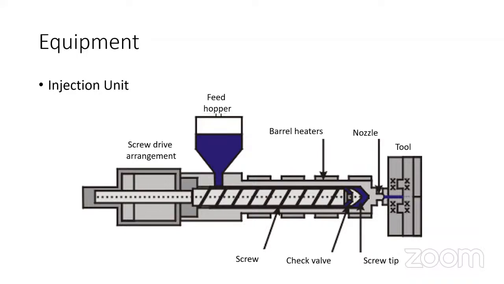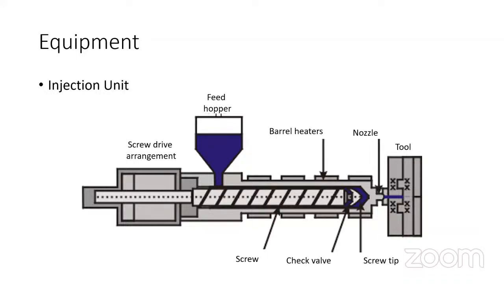Now, what are the elements present in an injection unit? I told you yesterday, the machine is divided into two parts, the injection side and the clamping side. Now, we will discuss the injection unit first.